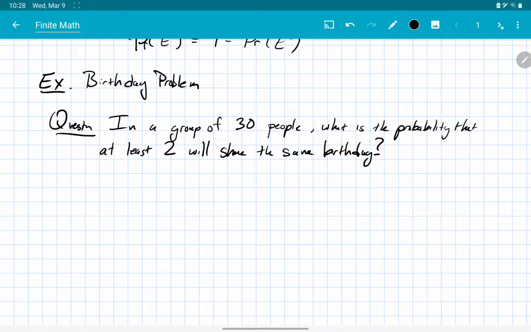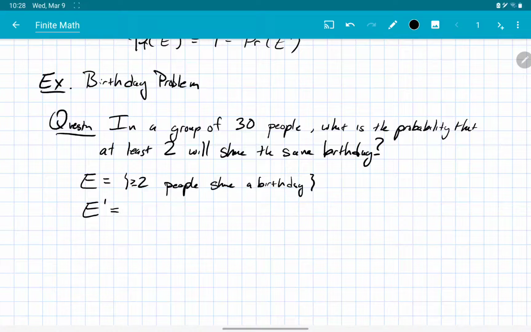The way we answer this is E is going to be the event at least 2 people share a birthday. And E prime is going to be then the event that all people have distinct birthdays.